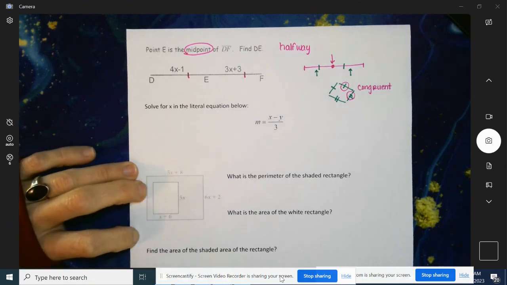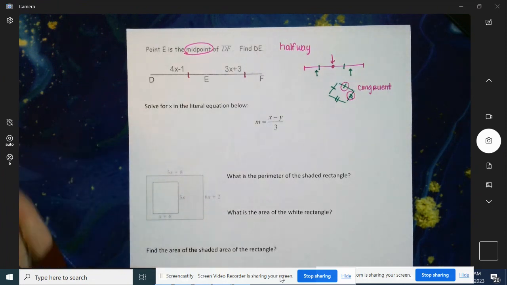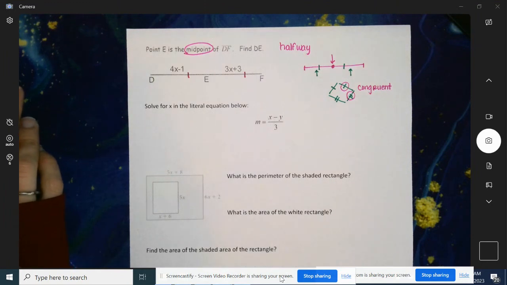I'm going to be quiet and see if you can give a go at solving for x. See if you can figure out what the value of x is. Please.